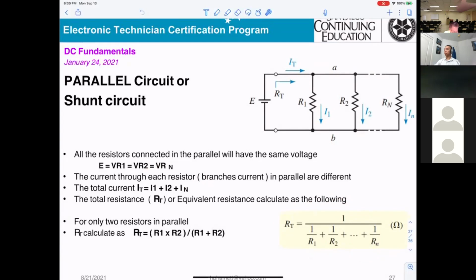However, if you have only two resistors in parallel, then you can use this formula for short: R total equals R1 times R2 divided by R1 plus R2.